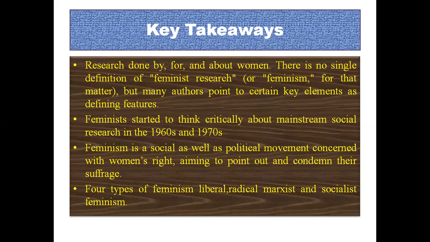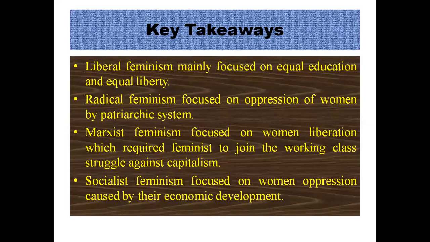Feminists started to think critically about mainstream social science research in the 1960s and 1970s. Feminism is a social as well as political movement concerned with women's rights, aiming to point out and condemn their lack of suffrage. And there are four types of feminism: liberal, radical, Marxist, and socialist feminism.